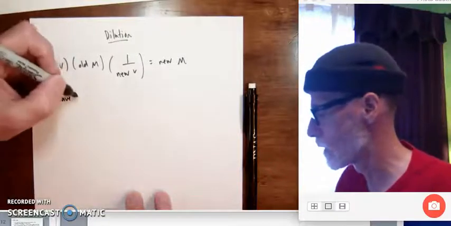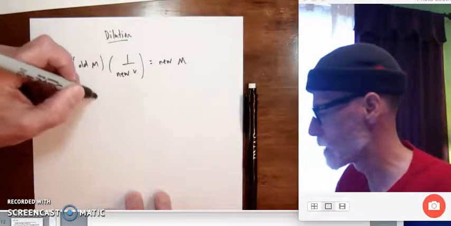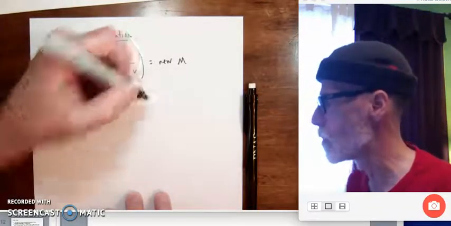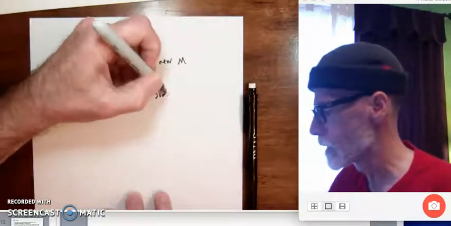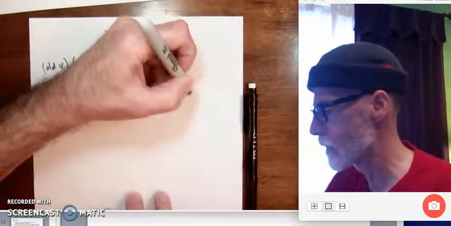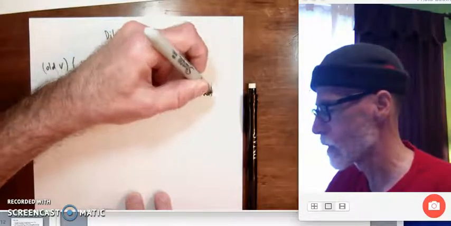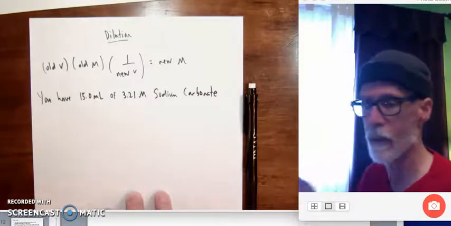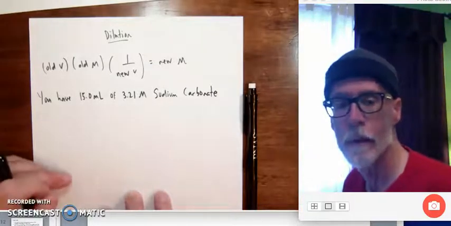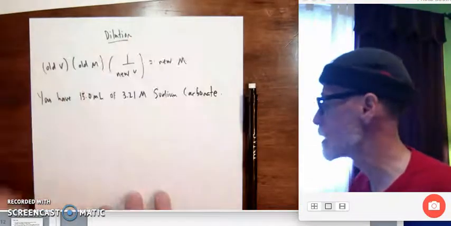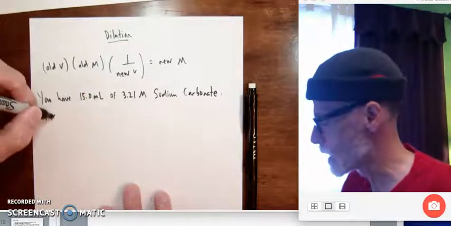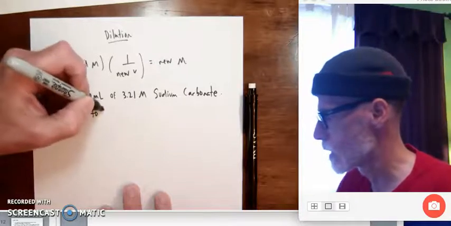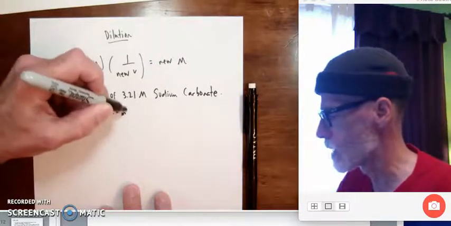You have 15.0 mLs of 3.21 molar sodium carbonate. And you can now read that, in fact, it is carbonate because it's not buried underneath me. Continuing on, it is diluted to 75.0 mLs.